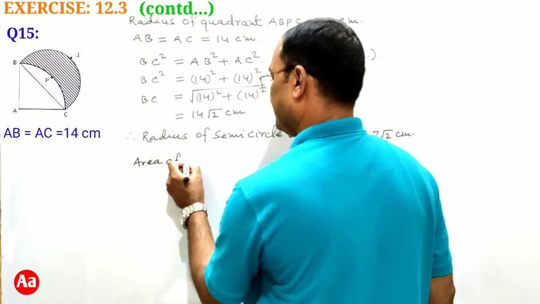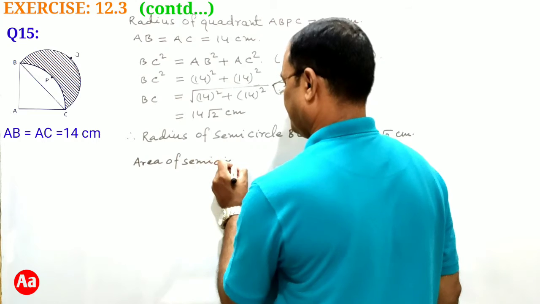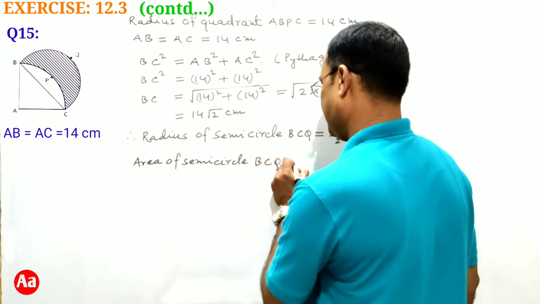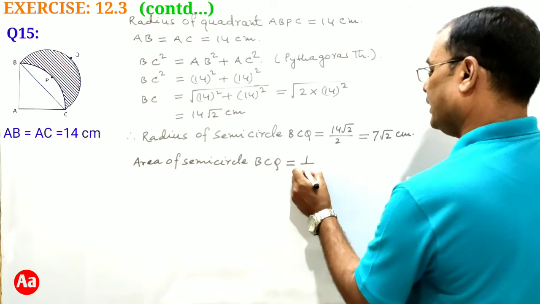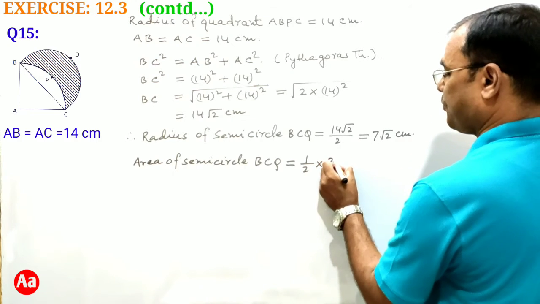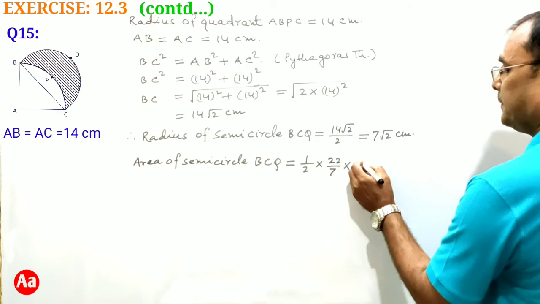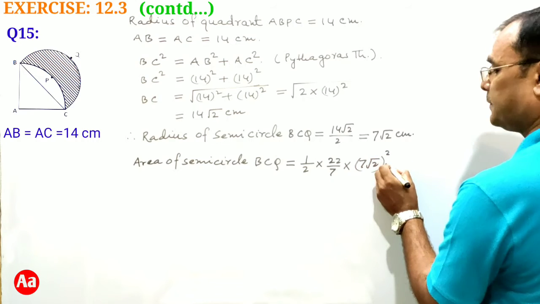Area of semicircle BCQ equal to half into 22 by 7, half pi r square, so 7 root 2 whole square.